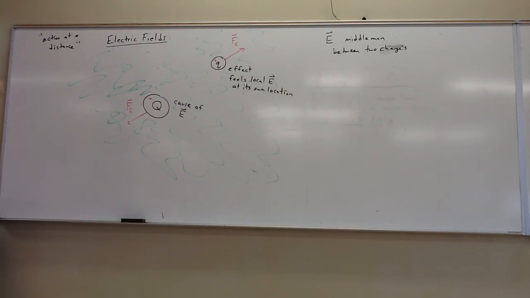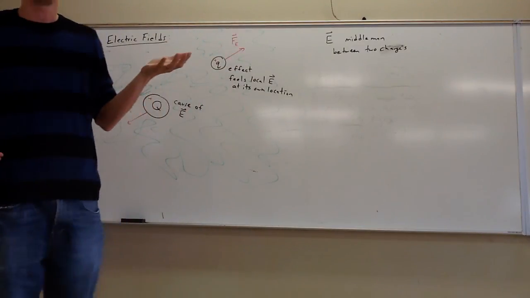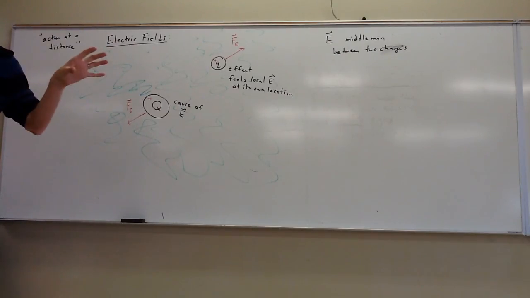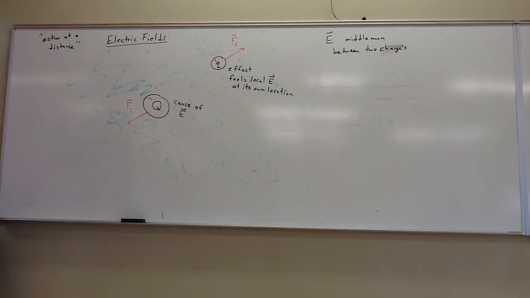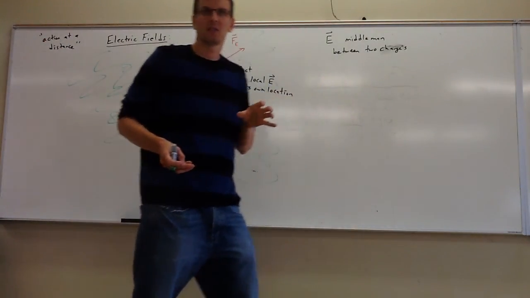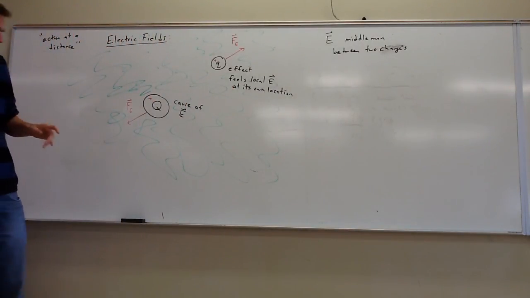There are no special charges that only make fields and other special charges that only feel fields. This is just my labeling scheme to give you a sense of which way I care about the interaction. So especially at first, I will try my best to label them in this way so that it's clear.